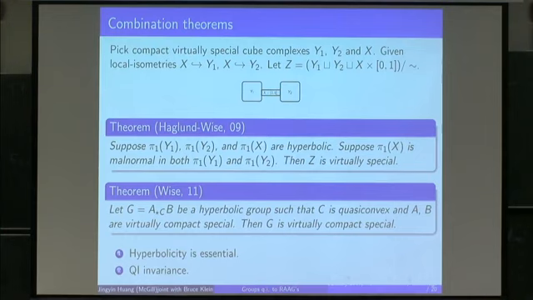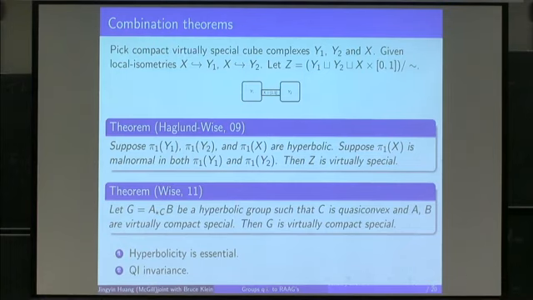So what I want to do next is review the scheme of the proof of this malnormal combination theorem. Oh, sorry, it's this theorem here. I want to review the scheme of how Haglund and Wise prove this theorem, and it turns out we are going to use the same scheme with some adaptation.